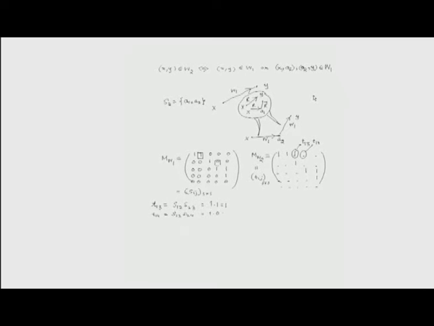So, 1 into 0 gives me 0. So, I will put 0 over here, and then in the next entry T15, this is S12 and S25. S12 is of course 1, but S25 is 0. So, I get 0. So, I will write 0 over here.